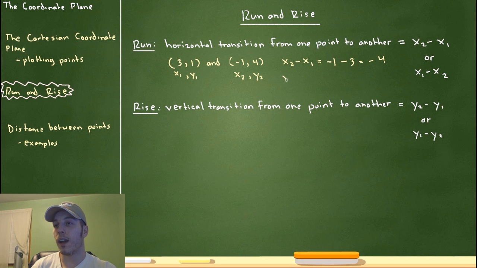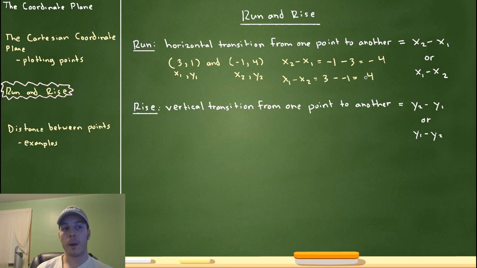Oh, by the way, if you did x1 minus x2, that would be 3 minus the -1, which is 4. Okay. So we get different signs, right? -4 or 4. It doesn't make a difference too much. Okay. If you do this like this, you'll get one version, and if you do it like this, you'll get the negative version of the first way.